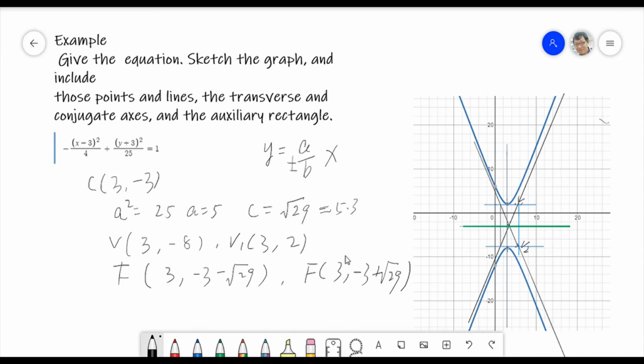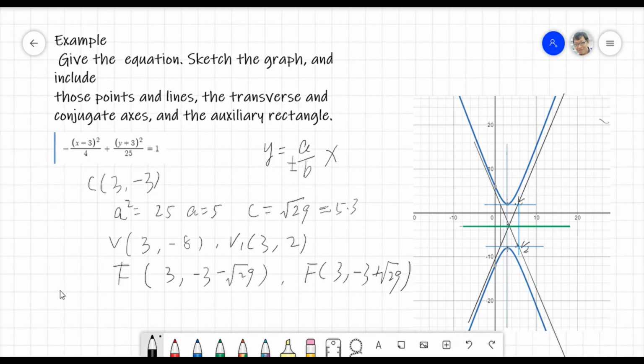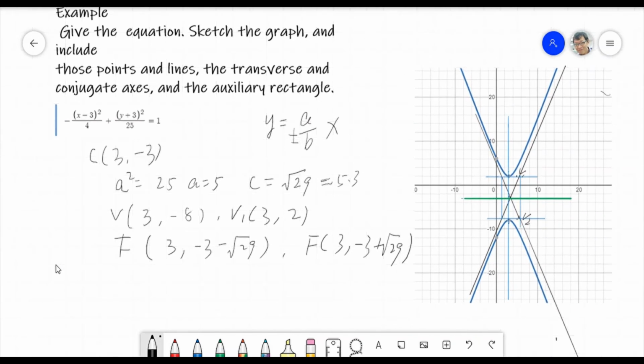Okay, since you already have those, it's not hard for us to get the transverse line. Since it passes through x, yes, the transverse line is x equals 3. How about the conjugate line?